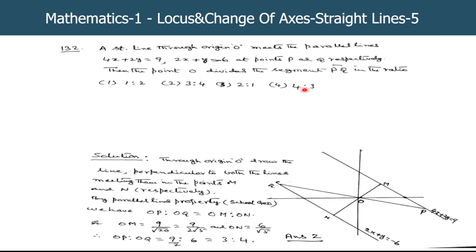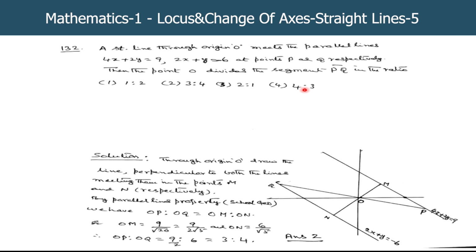So here, a line through O meets the parallel lines in P and Q, and the ratio is always the same, even if you take a line through O perpendicular to both the given lines, at right angles to both the given lines. So that's why, see the diagram.